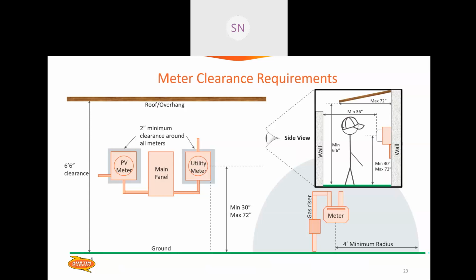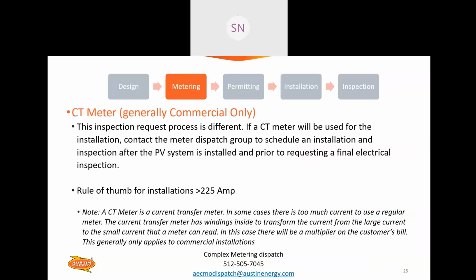All right, next. CT meters: this is something that generally you only use for commercial or occasionally multifamily. The inspection request process is different for CT meters. This is why we're noting it in this training.